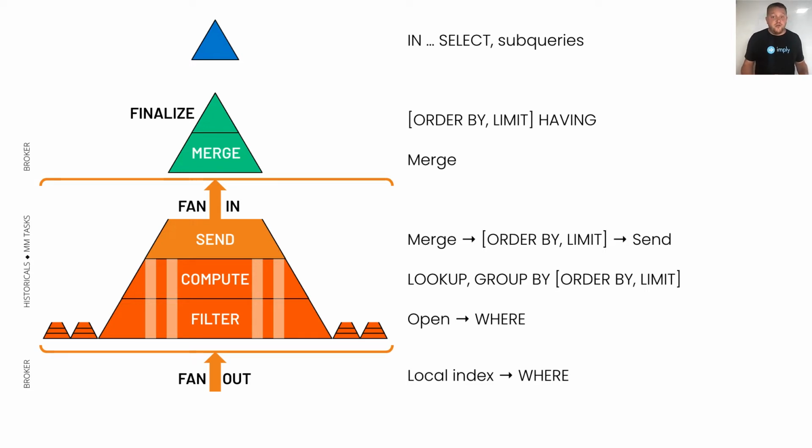Lookup and group by are next. Then there's a merge segment by segment inside the data process. Then there's another merge, this time data process by data process inside the broker, and then halving is applied. And then right at the very top, merges from individual pyramids. So that's individual subqueries, joins and in select statements are merged in the broker.